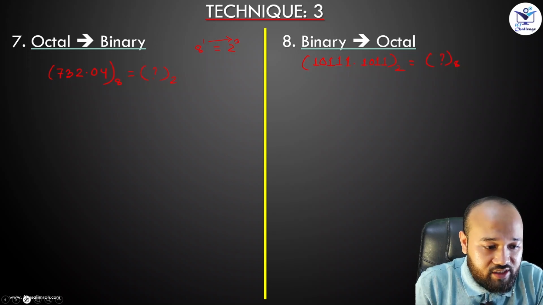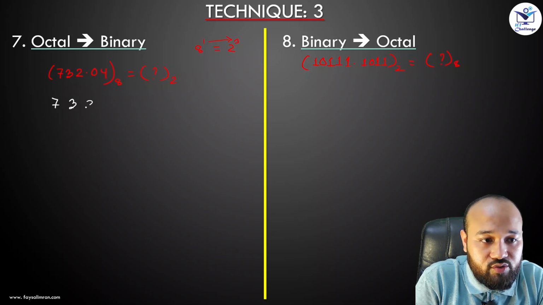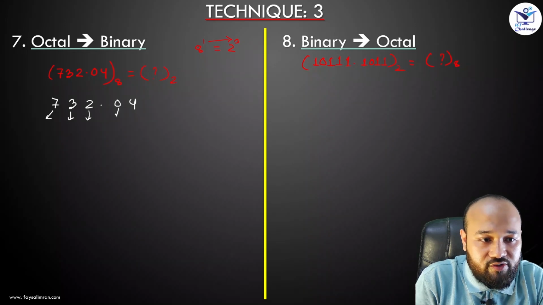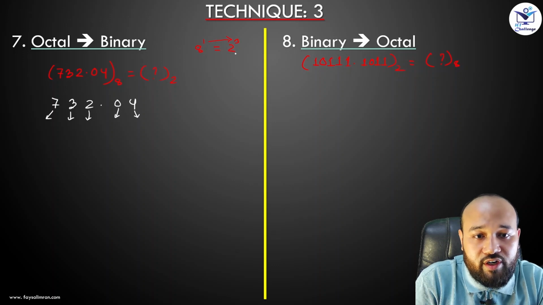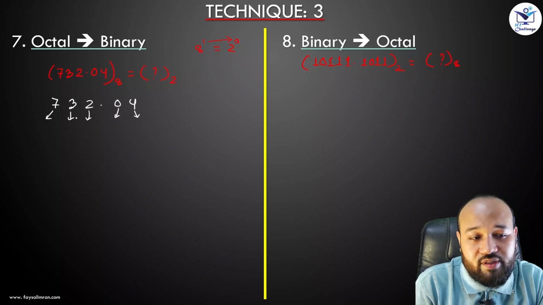At first I need to write this number, 732.04. So each digit of the octal number system will be converted to binary and will be 3 digits. Like 7 will be 3 digits, 3 will be 3 digits, 2 will be 3 digits. Each digit will become 3 digits in the binary number system.